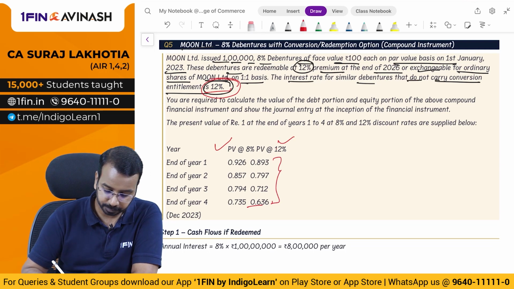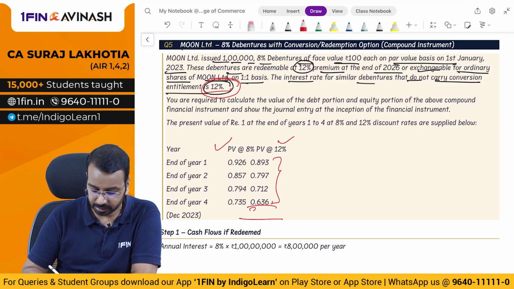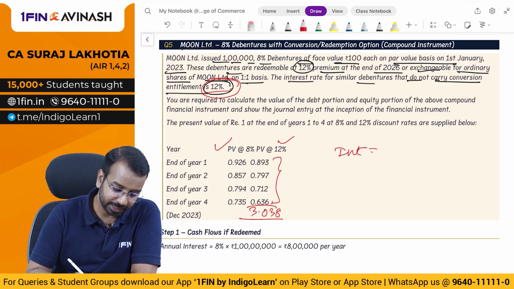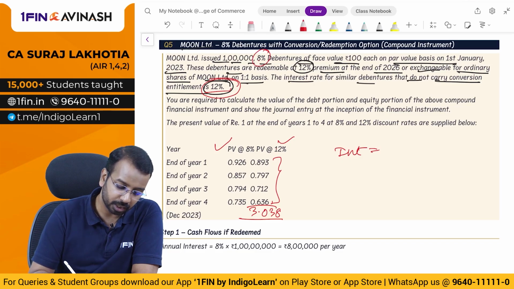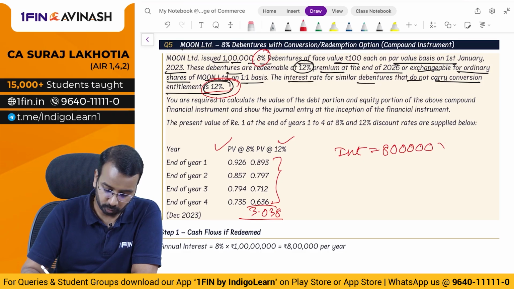For example, 0.893 plus 0.797 plus 0.712 plus 0.636, annuity factor is 3.038. So how much is the interest? Interest is 8% on 100, 8 into 1 lakh, 8 lakhs into 3.038.